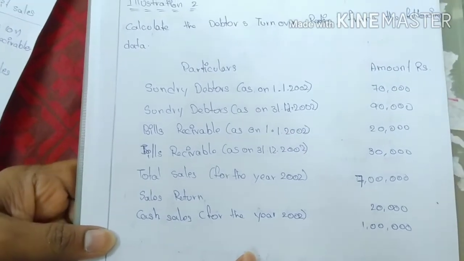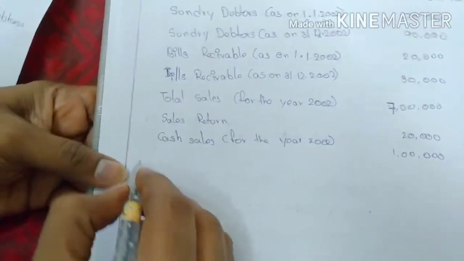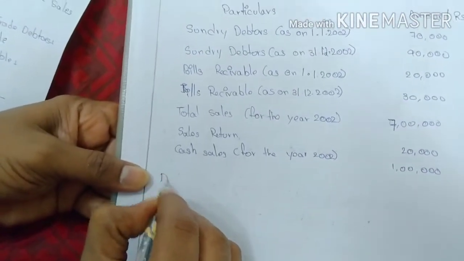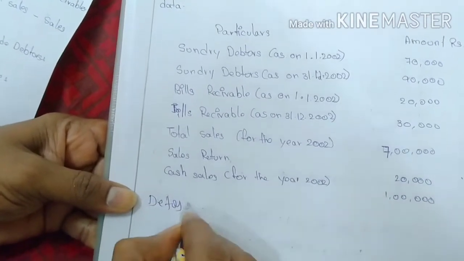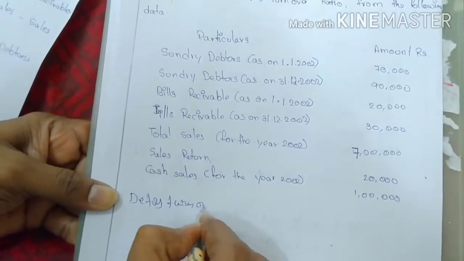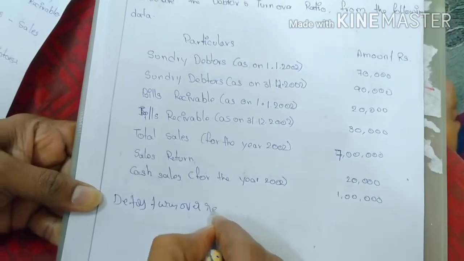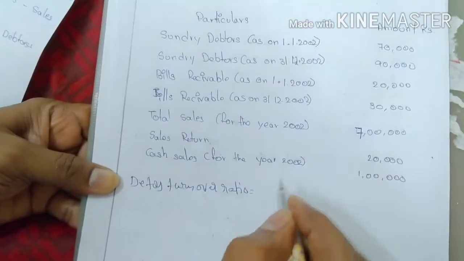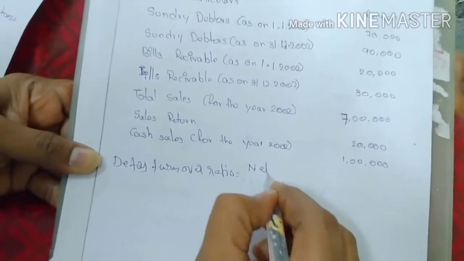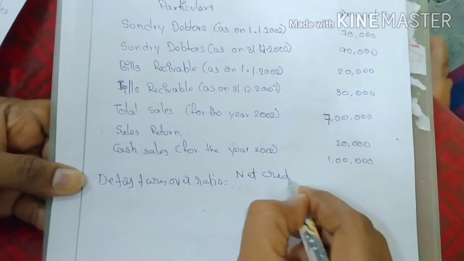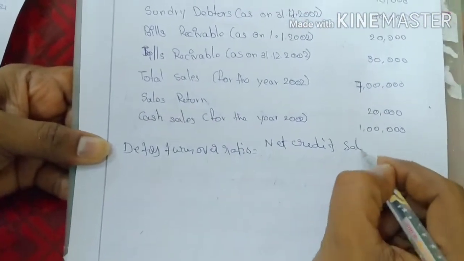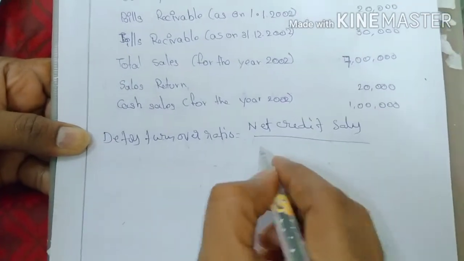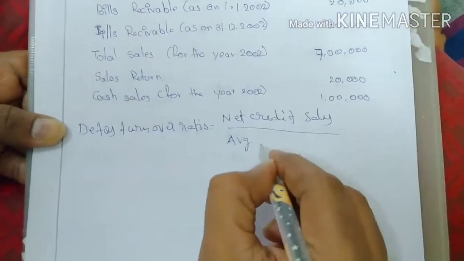We will do the problem. So here formula is debtors turnover ratio is equals to net credit sales by average debtors.